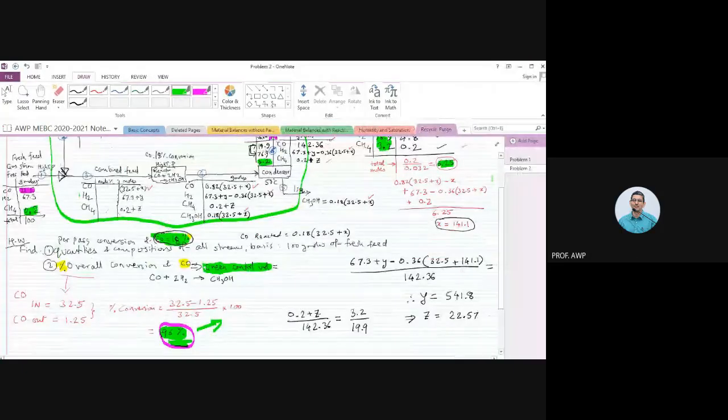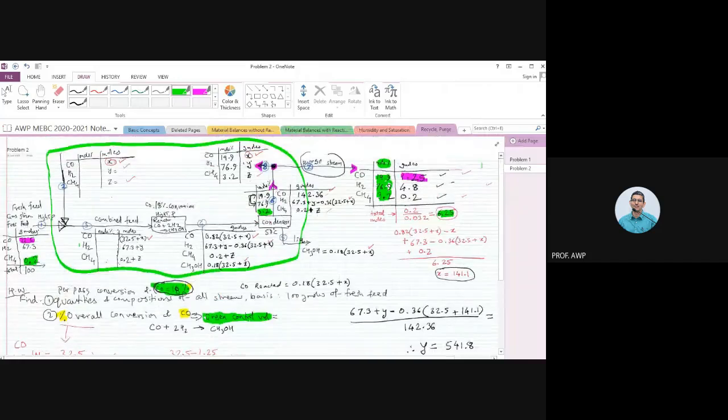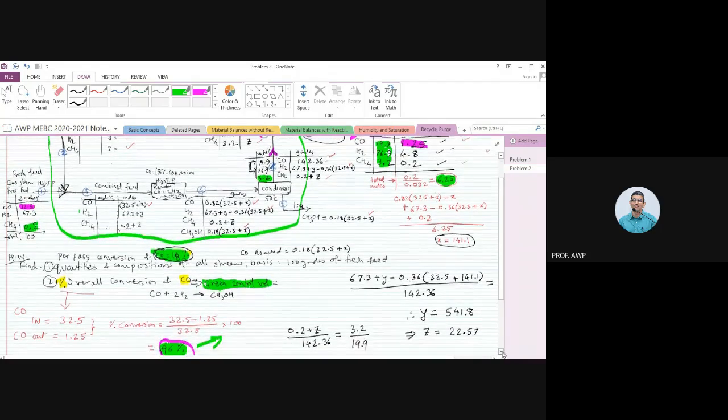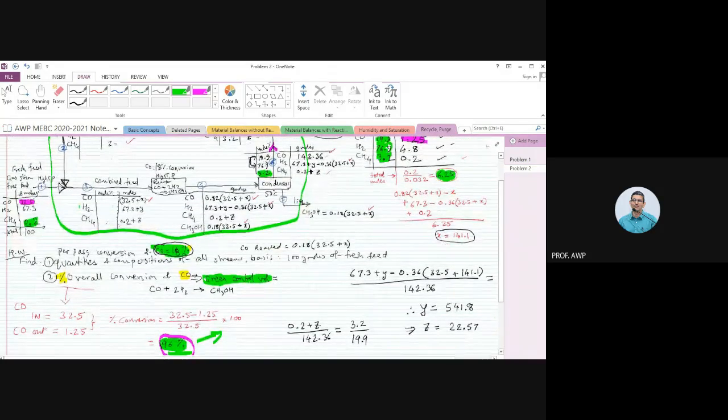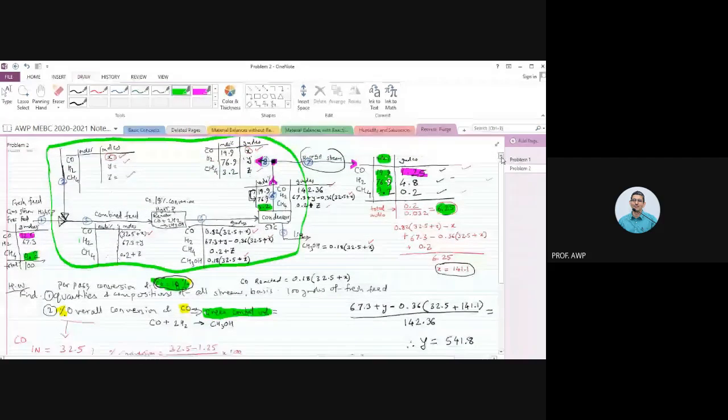Okay, so right now we have got up to 3.2% and therefore we need to purge some amount. We need to purge 6.25 moles containing 1.25 moles of carbon monoxide, and therefore we are getting 96% overall conversion. That is one point to note, how recycling helps to have a better utilization of carbon monoxide.